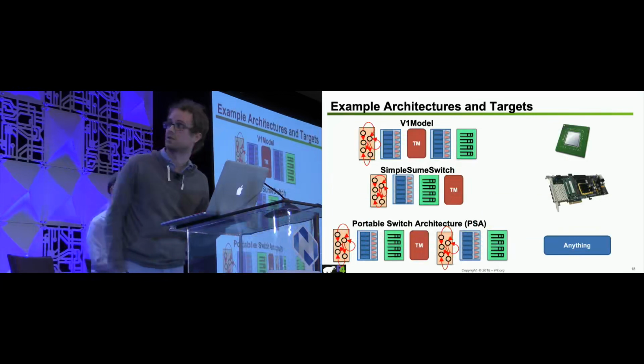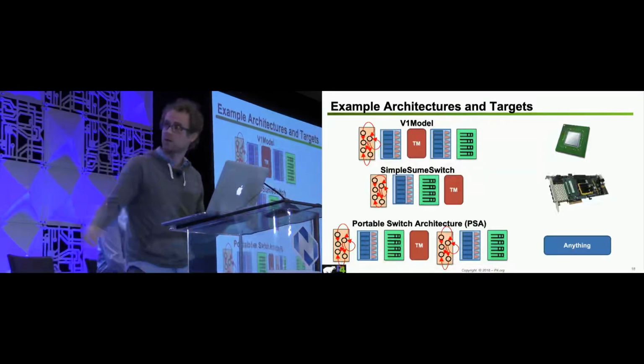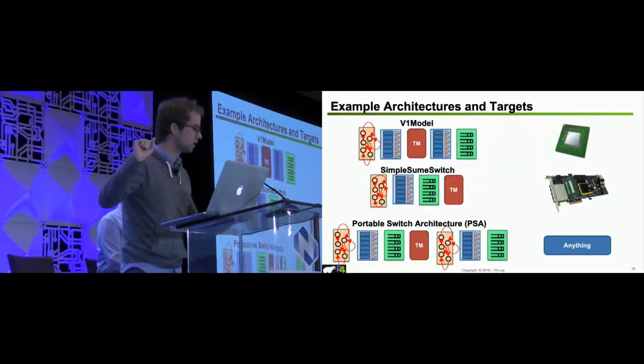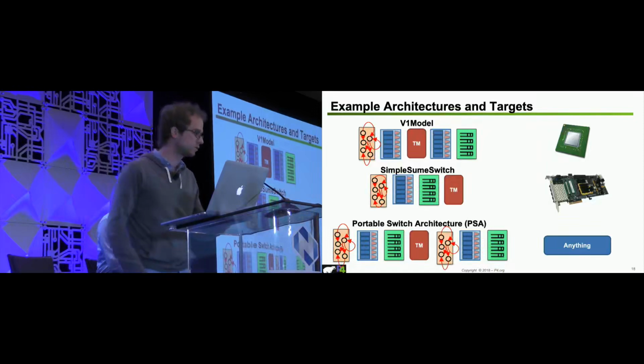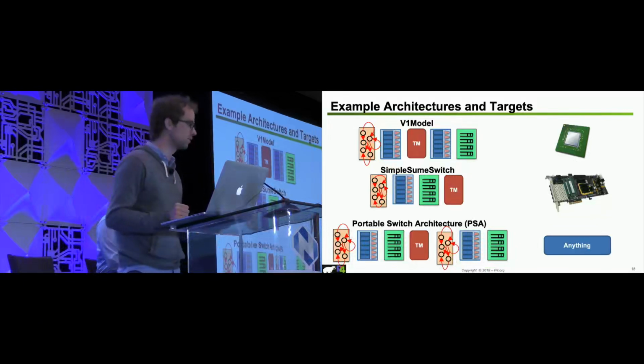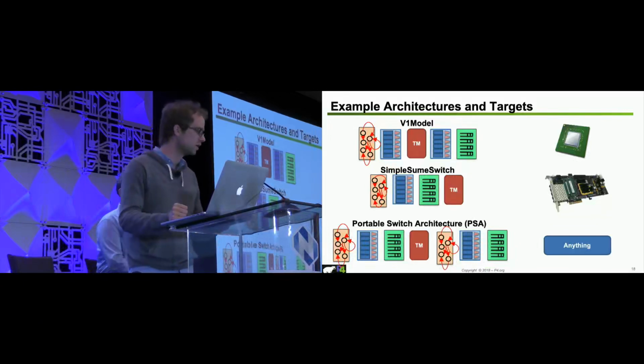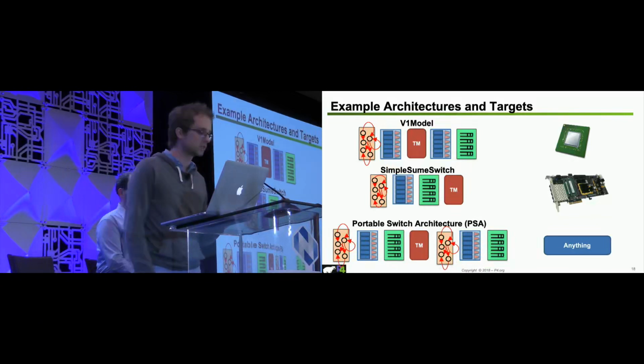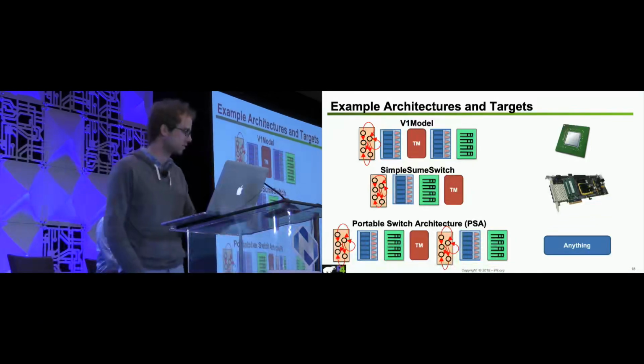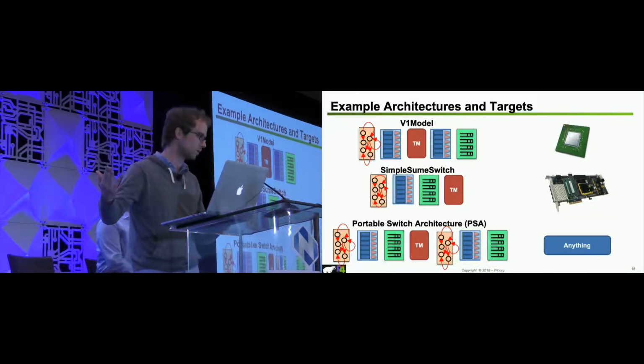The V1 model architecture includes a parser, includes a match action pipeline, includes what we call the TM, the traffic manager, which enqueues your packet, but can also take care of things like multicast. Then we have another match action pipeline, the egress match action pipeline. And finally, we have a deparser block.